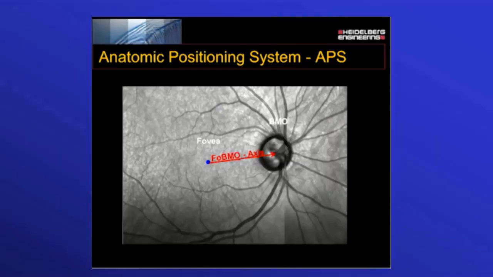Another characteristic of this software is the fovea to Bruch's membrane opening axis. The software decides the fovea, being the thin part, checks the membrane opening, and determines this axis.